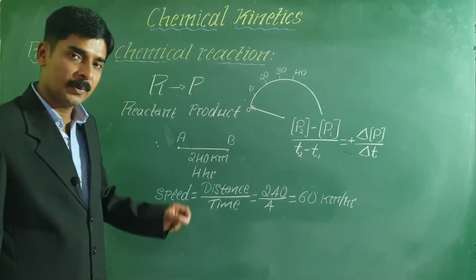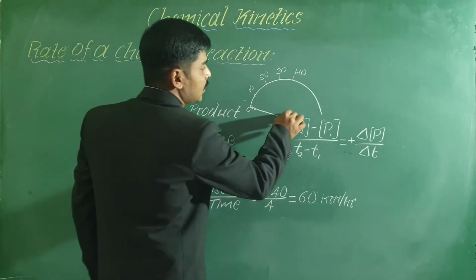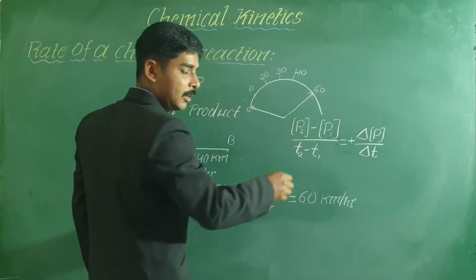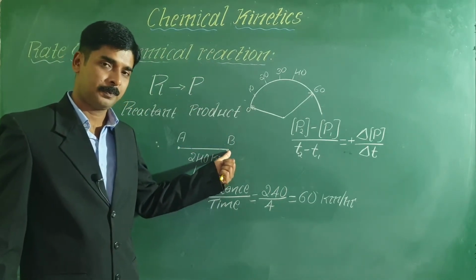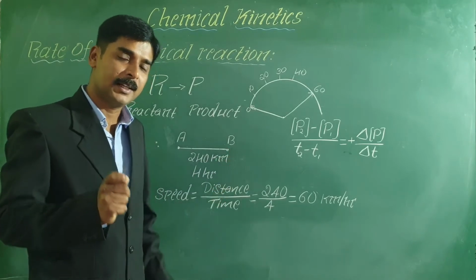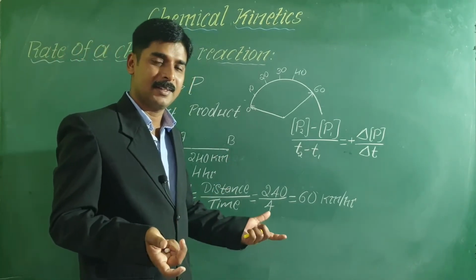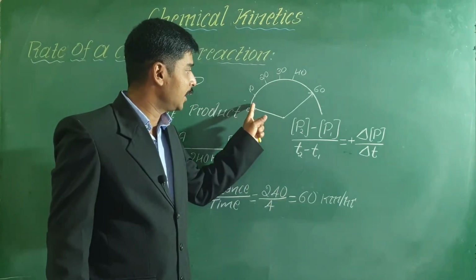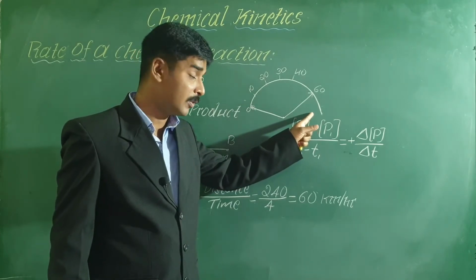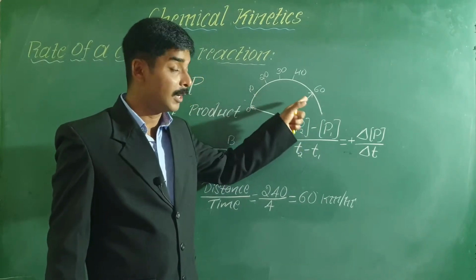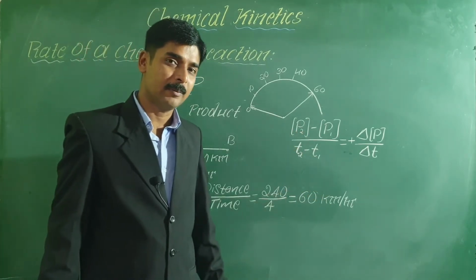My question is whether the speedometer of your car was showing 60 kilometers per hour throughout the journey from A to B. No, depending on the condition of the road, traffic, weather, etc., the speedometer was showing varying speed from 10 kilometers per hour to 120 or 140 kilometers per hour.